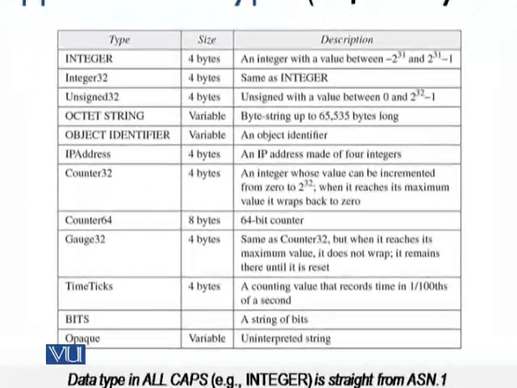So the SMI, what we're going to talk about, is essentially a language for defining objects. And it also identifies the type of the object. And SMI basically is both a superset of ASN.1 and a subset, because it takes something from ASN.1 and then it adds many other things. So the all caps types are from ASN.1.